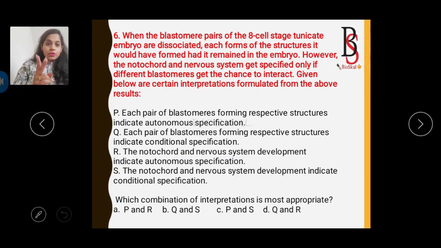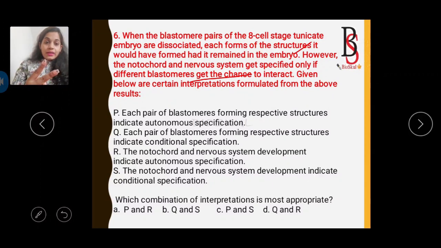So here there are two observations. The first is that when the blastomere pairs of 8 cell stage tunicate embryo are dissociated, each forms the structure it would have formed if it remained in the embryo. The second is that the notochord and nervous system get specified only if they get the chance to interact with different blastomeres.